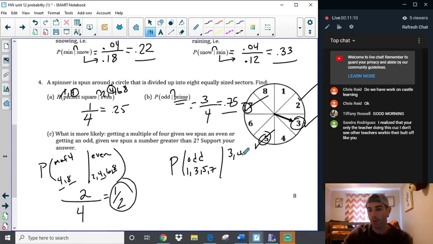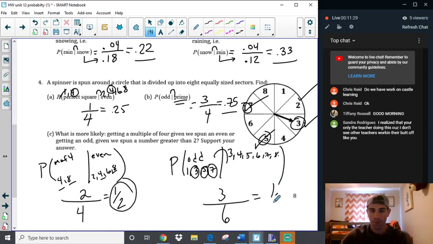Who's greater than 2? 3, 4, 5, 6, 7, and 8. 1, 2, 3, 4, 5, 6. So there's 6 here. Now, what's the intersection? What do they have in common? They have a 3 in common, a 5 in common, and a 7 in common. So 3 over 6, so 1/2. So they actually have the same probability. Both of them are the same. One is not more likely than the other.